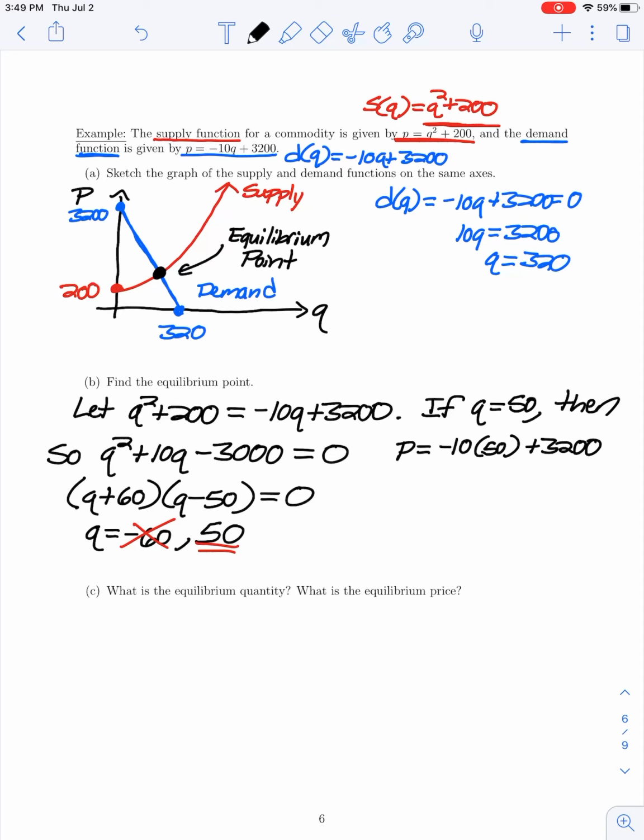I could also plug 50 into the supply function, and I'll get the same output, since Q equals 50 is the value that made those functions equal. So negative 500 plus 3,200 leaves us with 2,700. So the equilibrium point would be the point given by 50 and 2,700.